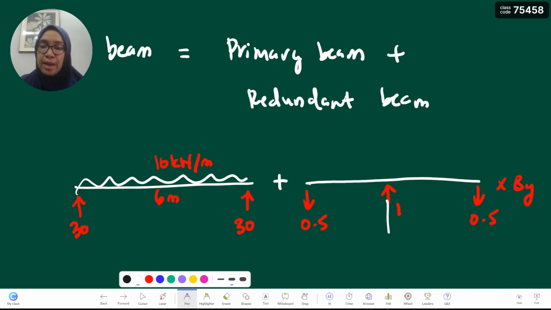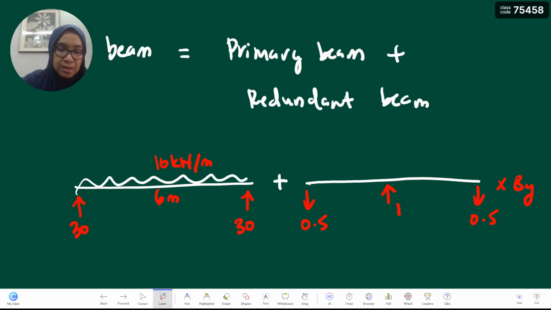And remember, this 30 is Ay in the primary beam, and negative 0.5 is Ay in the redundant beam. Okay, so we just need to add them to use the principle of superposition. It is just like this.